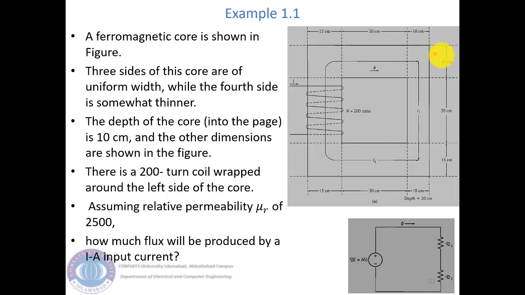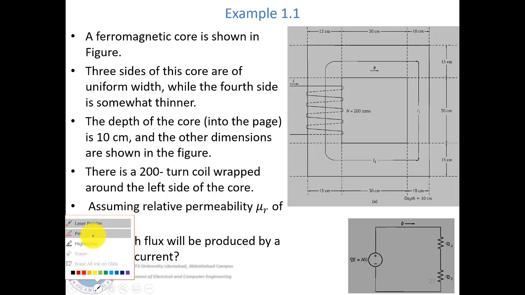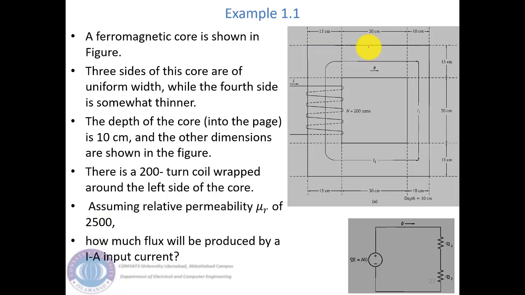If we look carefully, three sides, this side, this side, and this side, are of the same uniform width, while this side has a different width, which is 10 centimeter, and the width of this is 15 centimeter. Width of this side is 15 centimeter, width of this side is 15 centimeter.